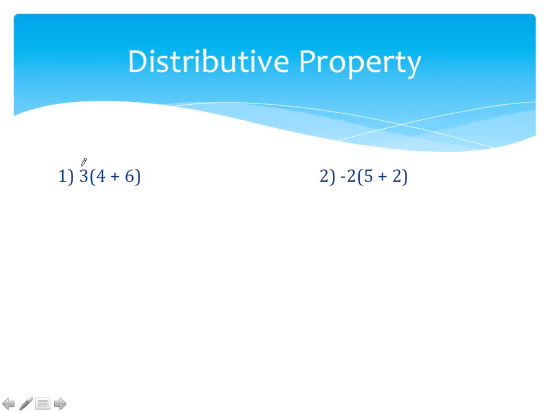Basically I take the 3 and multiply it by 4. Positive 3 times positive 4 gives me positive 12. And I'm going to multiply 3 times positive 6, which gives me positive 18.